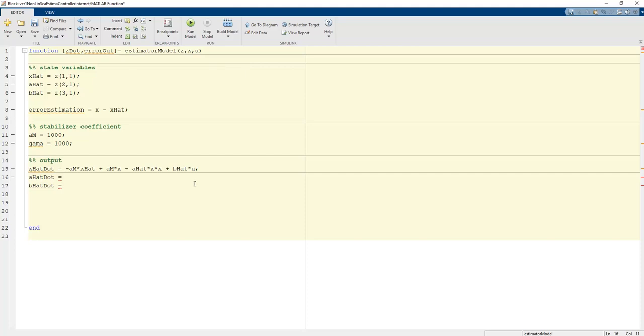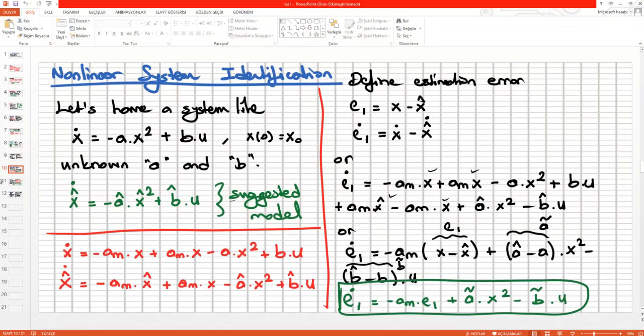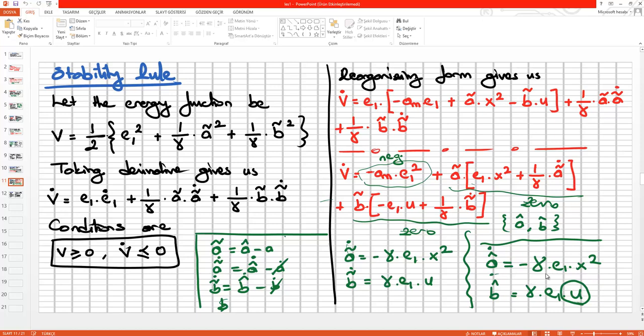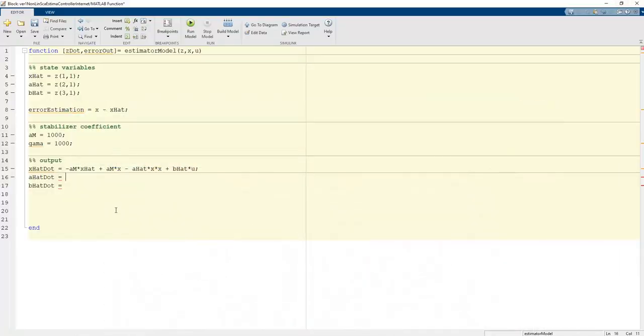And so A hat dot is equal to what? A hat is given in here, minus gamma times E1 times X squared. And so minus gamma times X times error estimation, and also B hat dot is minus gamma times U times error estimation.